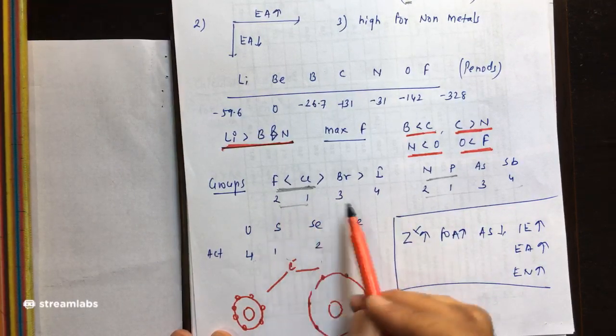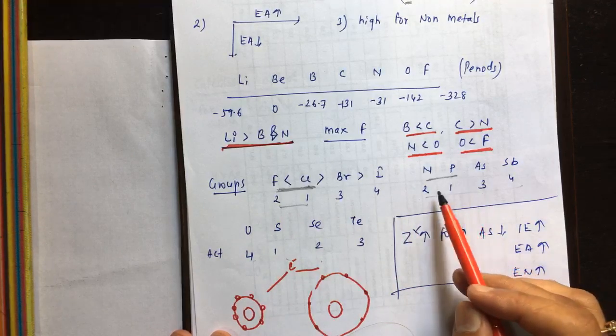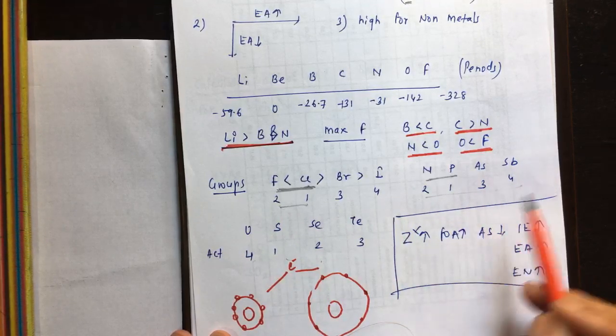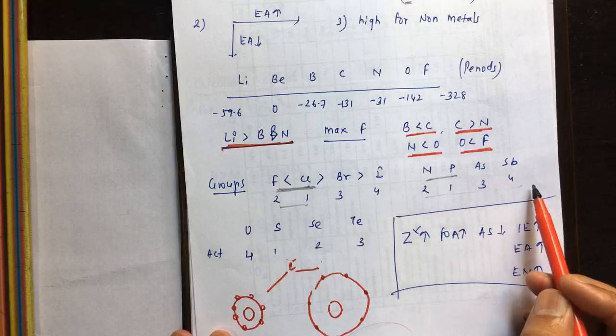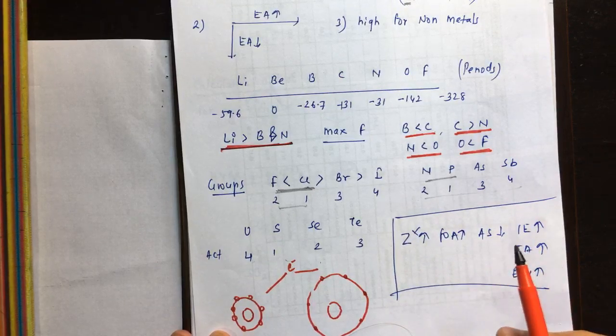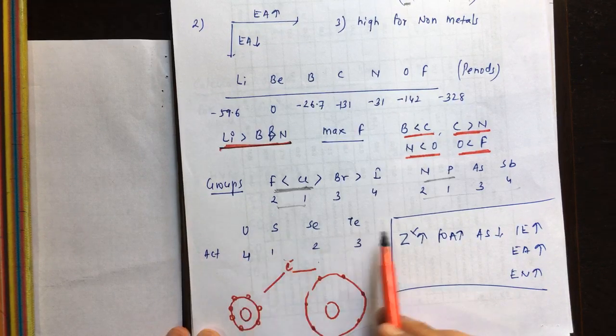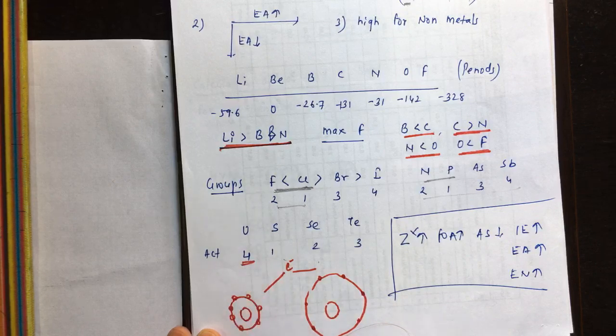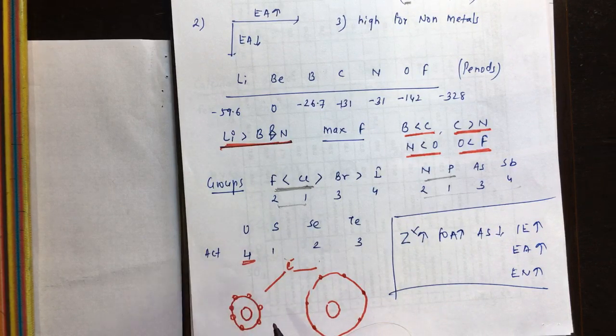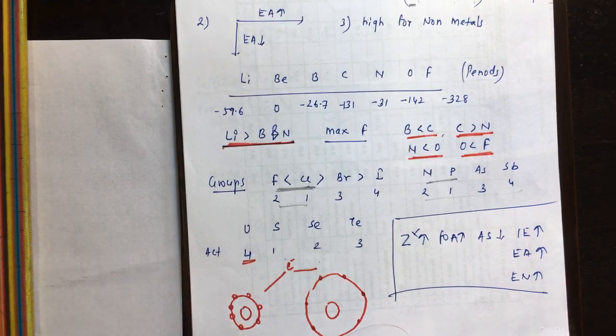Similarly for nitrogen, phosphorus, arsenic and antimony, the same order 2, 1, 3, 4 holds. But the extreme order is obtained for the oxygen family. The order is O 1, 2, 3, 4, while the expected order was 4, 1, 2, 3. So oxygen, which was expected to have the highest electron affinity, has the least.